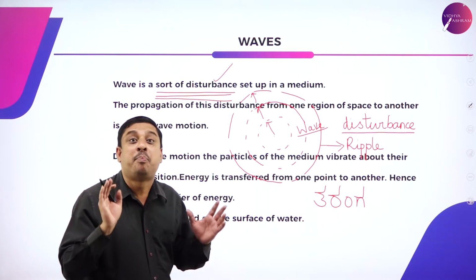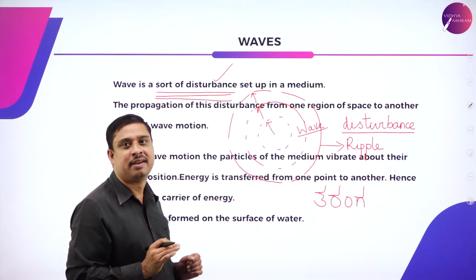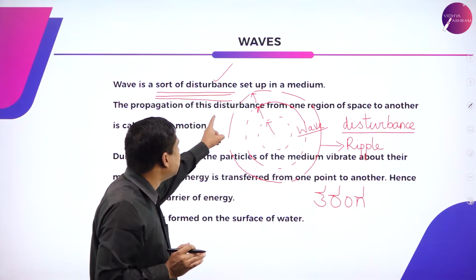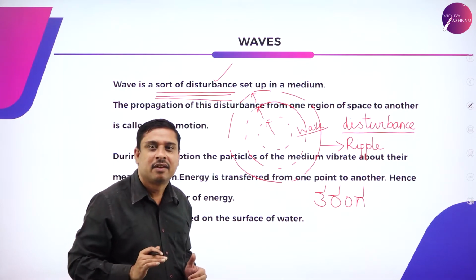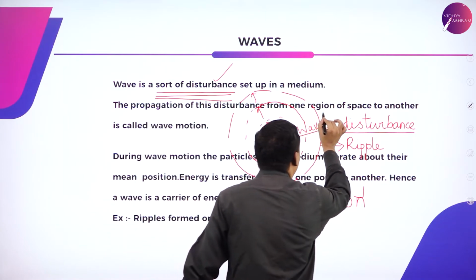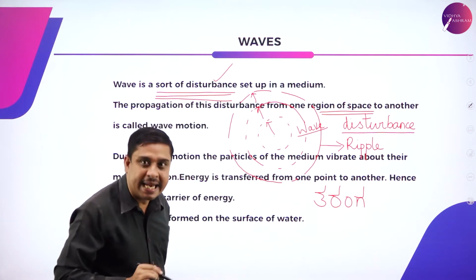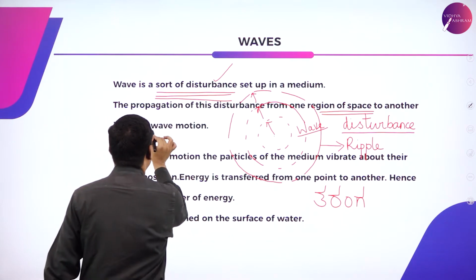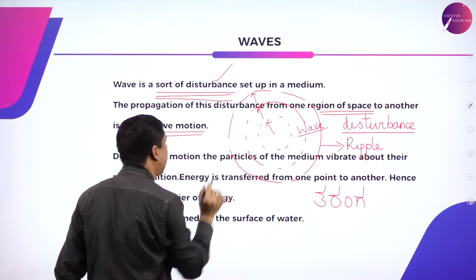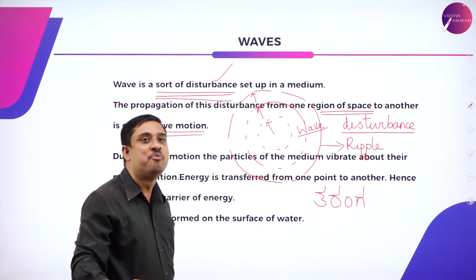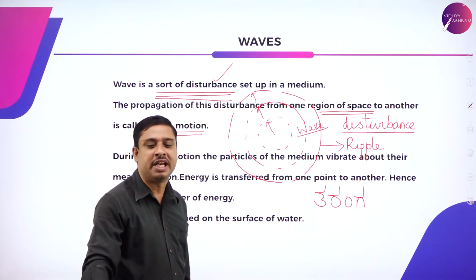This propagation of the disturbance from one region of space to another is what we call wave motion. Very important.